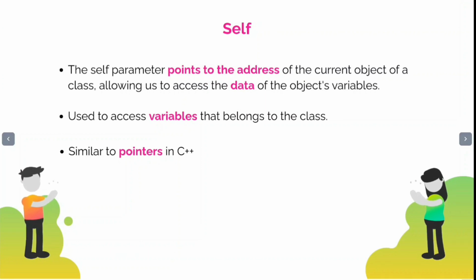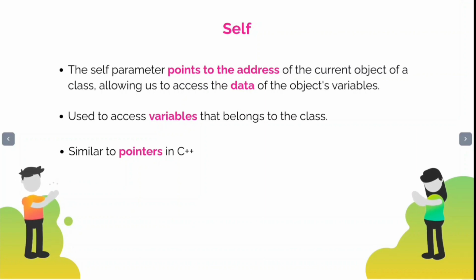Class methods must have an extra first parameter in the method definition. We do not give the value to this parameter when we call the method. Python provides it. If we have a method that has no arguments, we still have one argument.